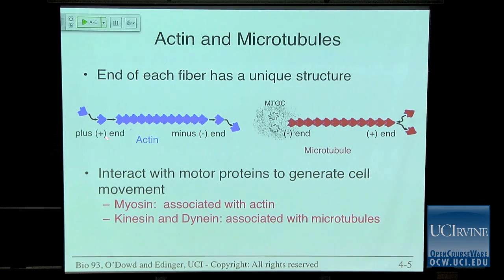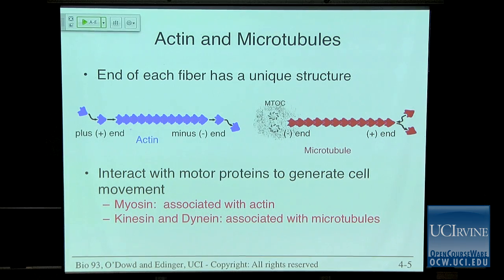In the case of actin, subunits are added at the plus end, and they're removed at the minus end. So the fiber grows by adding actin subunits to the plus end, and it shrinks by removing them from the minus end. In contrast, and something you just have to memorize, in microtubules, they also have a minus end and a plus end.